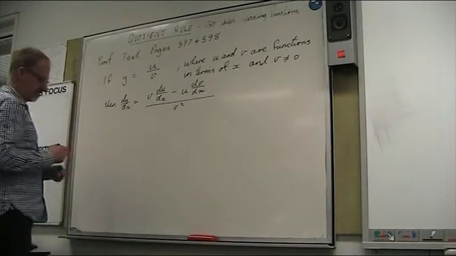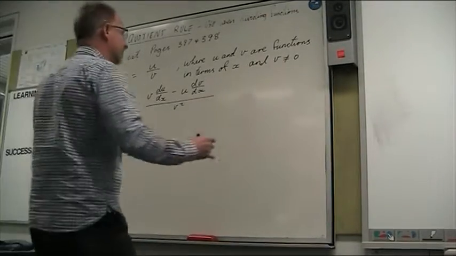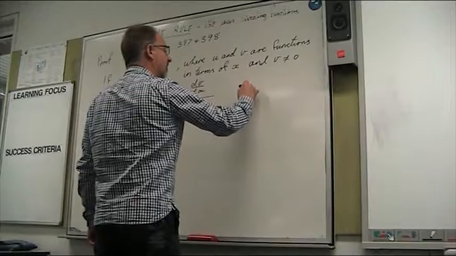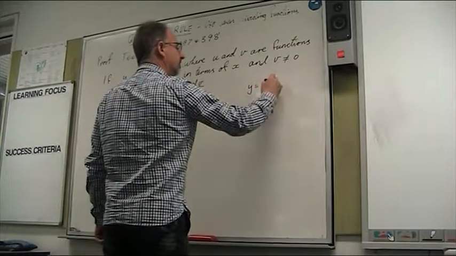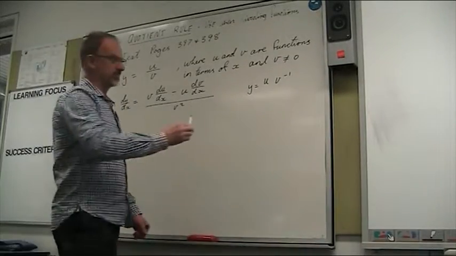Is it possible, since u divided by v is the same as u times 1 over v, to just do v to the negative 1 and solve it that way? Yes. What you are saying is you could say that y equals u times v to the minus 1, and then you could use the product rule on that.